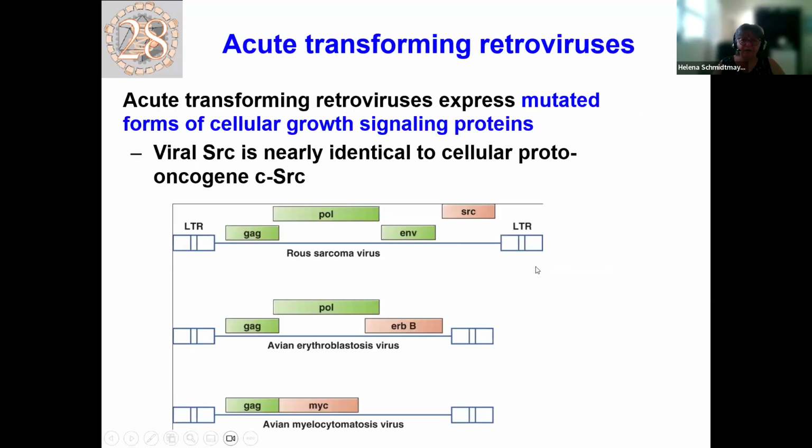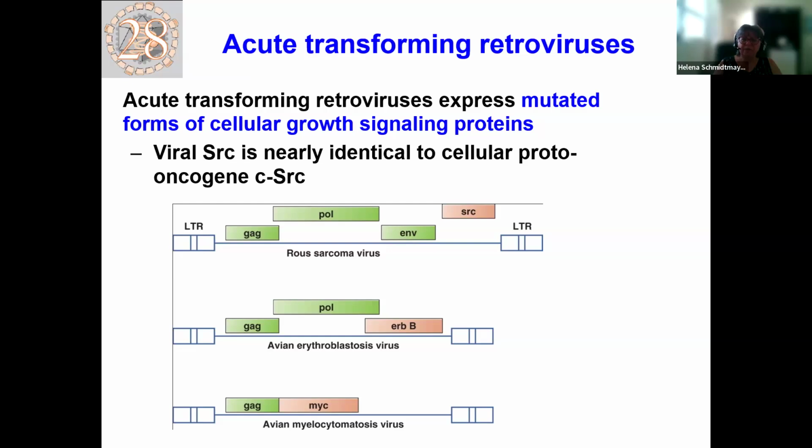mature virus. Now, let's go a little bit to discuss oncoretroviruses, those which have acute transforming capability. These viruses captured some proto-oncogene from cells when they were synthesized from integrated provirus and mutated and turned that proto-oncogene into oncogene.